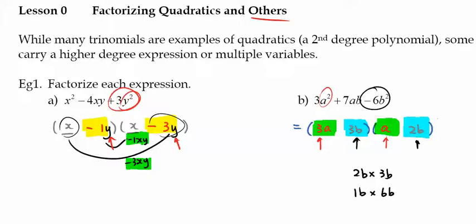The reason why I won't use this combination is because I don't see any GCF from the question. So there is no way I will end up with something that carries a GCF. If the trinomial at the beginning doesn't come with any GCF, the result shouldn't have any GCF. So for sure, it wouldn't be 3b and 2b. It could be 2b and 3b. We don't know, but we need to try it out using the inside and the outside.